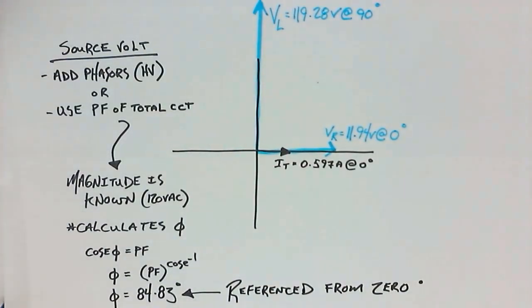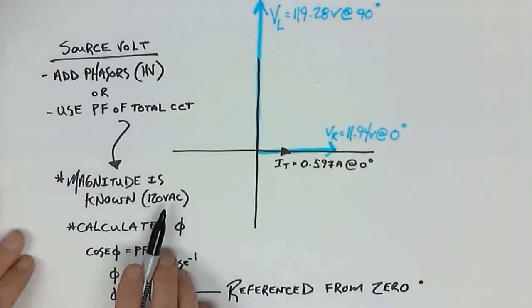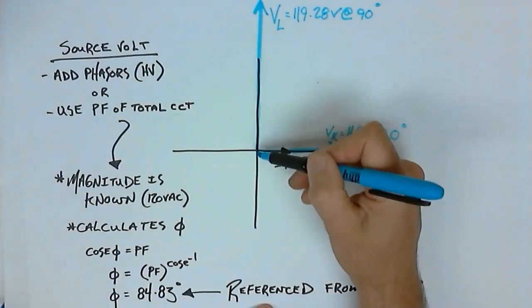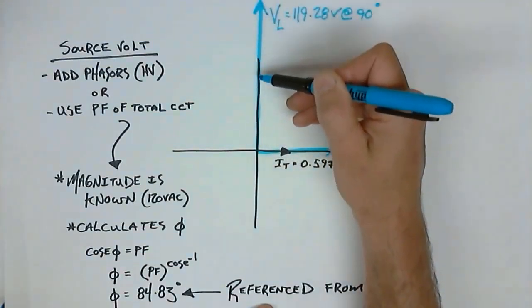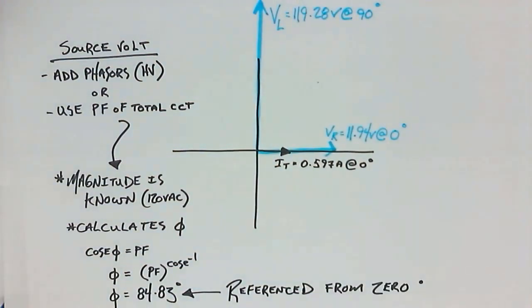And so if we were to sketch it, remember, we already know what the magnitude is. The magnitude is already known. It was given to us, 120 volts AC, and all we were calculating was the angle. Well, now we can sketch that in. The voltage of 120 volts should be approximately the same length as this one, because it's 119.28, right? So I'm going to sketch it with a different color just so we can distinguish between the two, and it's at 84.83 degrees.